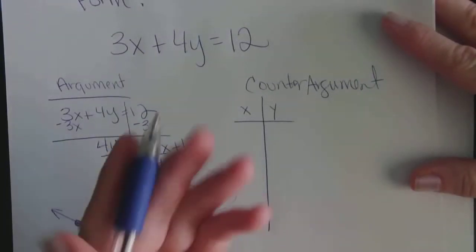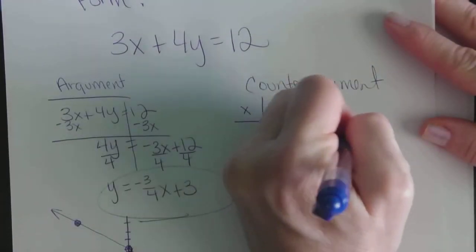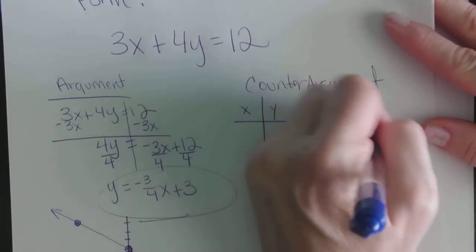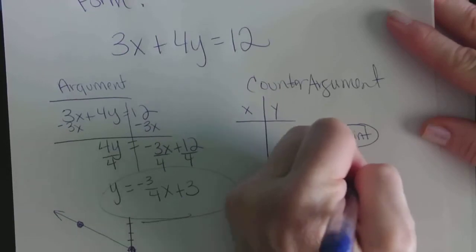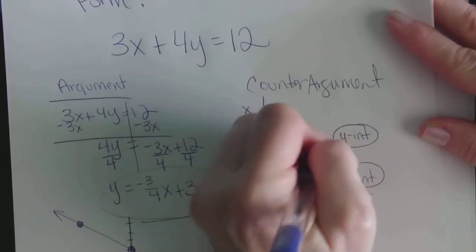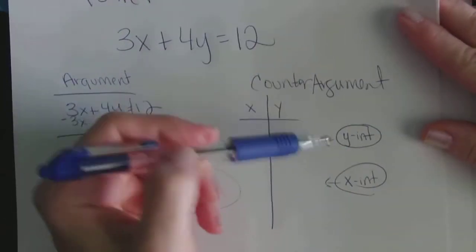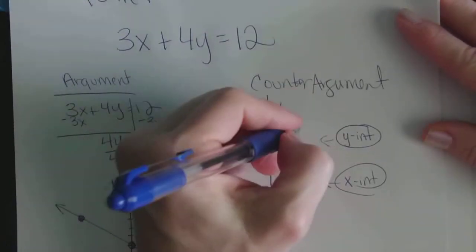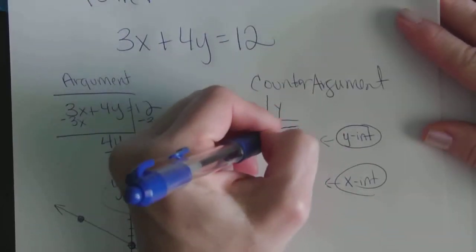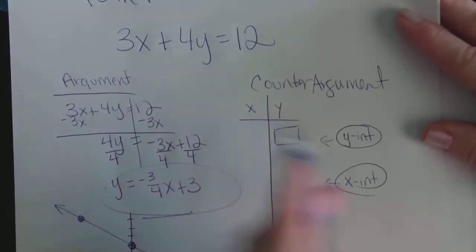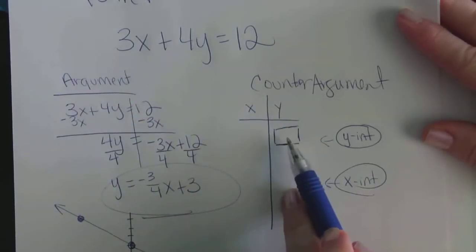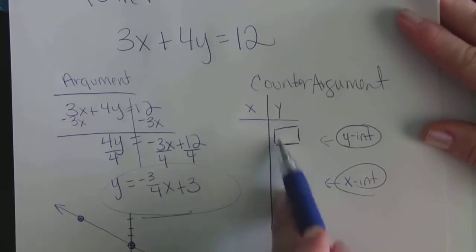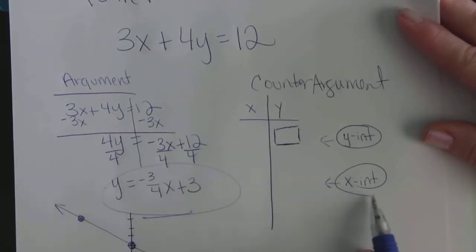And I like to identify the y-intercept and the x-intercept. Now let's go over the definitions of those. So the y-intercept is the value of y. So that's what we seek. Where the line is going to cross the y-axis. So I want to know the value of y where the line is going to cross the y-axis.